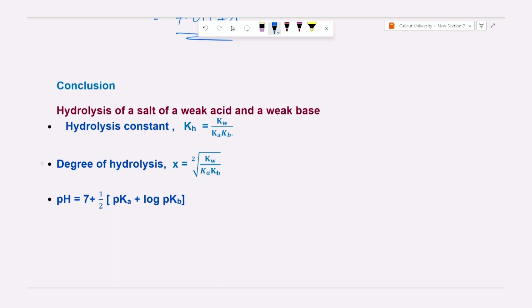Here also you do not have any C involved. Now, again pH is equal to, this is a plus sign, pH is equal to 7 plus half into pKa minus pKb. Thank you.